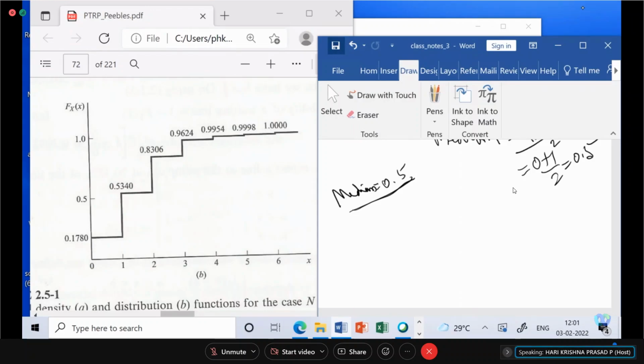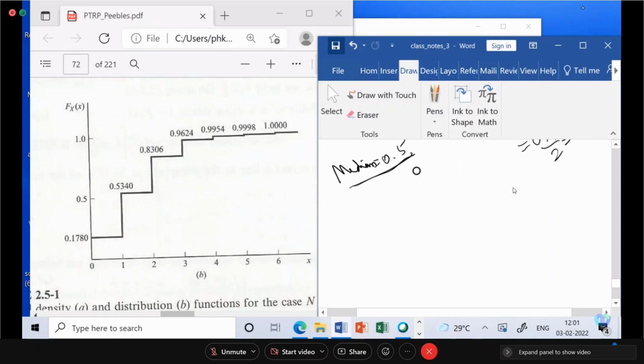When we consider a median of 0.5, the probability that the random variable is greater than 0.5 is 50%. Is it fine? Any questions till now, please?